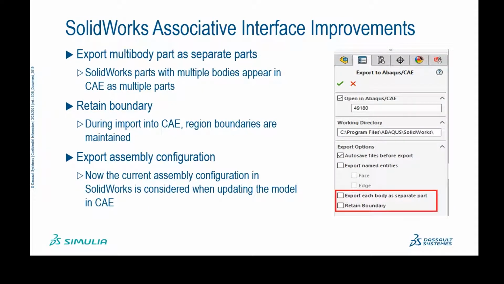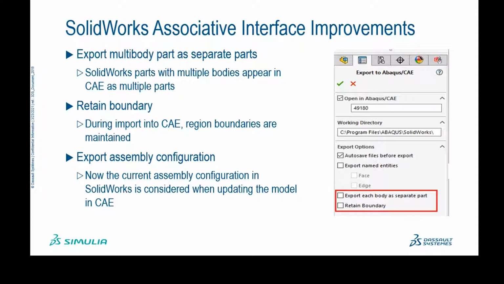The SolidWorks Associative interface now exports multi-body parts as separate parts. It's similar to importing a step file directly from Abaqus, where you could import each body as a separate part, or retain or amalgamate the whole assembly into one singular part.